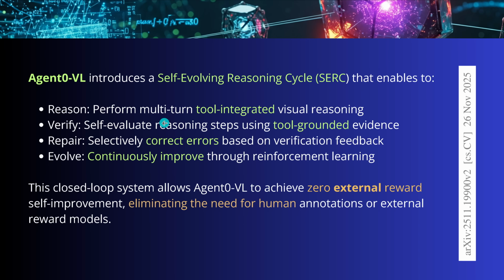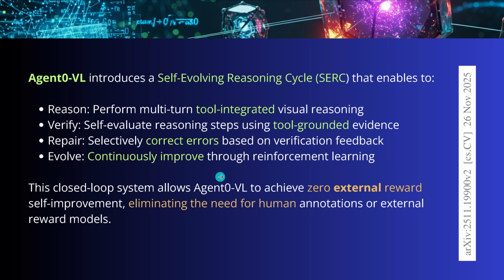It self-evaluates the reasoning step using tool-grounded evidence. Repair selectively corrects errors based on the verification feedback, so the feedback that comes here from our Python ecosystem, and it evolves, continuously improving through reinforcement learning, a typical GRPO reinforcement learning. So you see, discrete space, very well known GRPO.